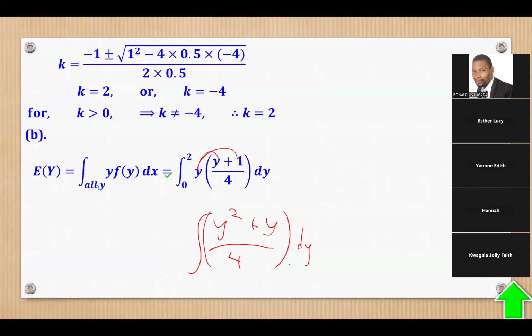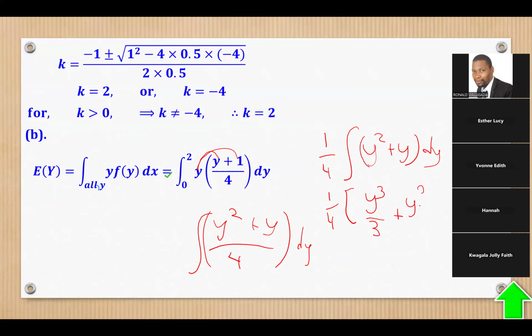If I choose to put the 4 outside, I'll get a quarter integral of y squared plus y. Then I can integrate this one to give me y cubed over 3 plus y squared over 2, like that. Then that will be better.